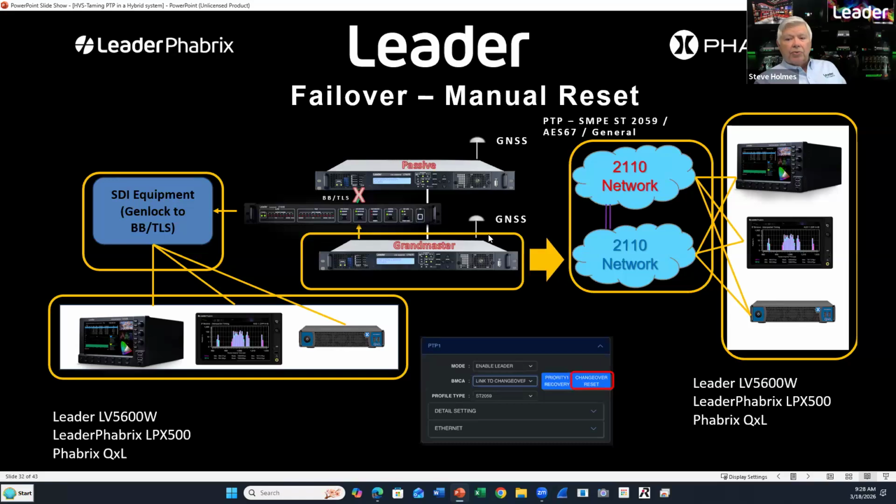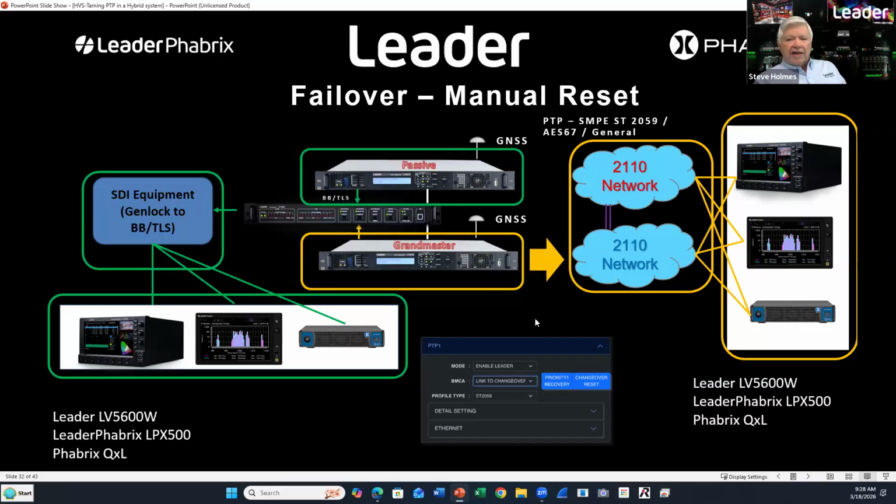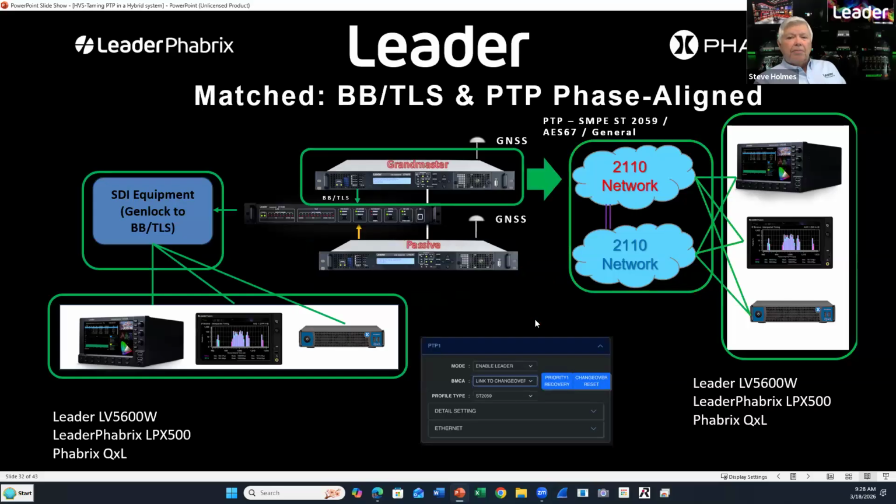And we have a manual changeover reset, one button that's in the SPG, and that will recover your system completely and bring your system back to normal after you've verified that both PTP and your black signals are where they should be, and bring the system back to normal operation.